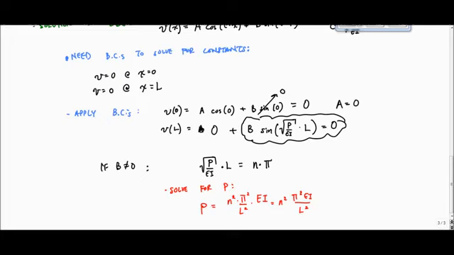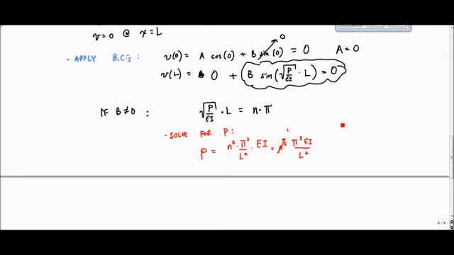And when n equals 1, this is important, we have our critical load. This is the lowest load it takes to buckle the column. P critical equals pi squared EI over L squared.